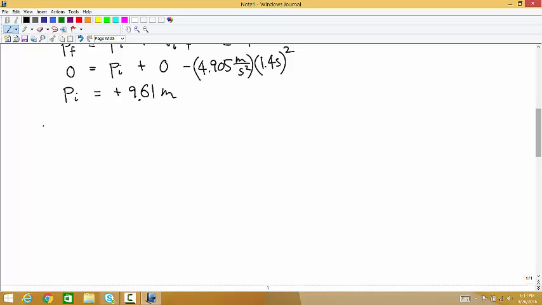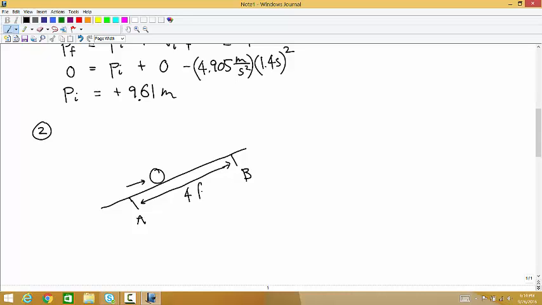Then the second one is a ball rolling up the ramp. There's a point A and a point B, and those are separated by a distance of 4 feet.